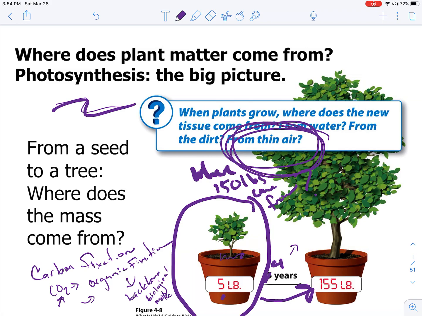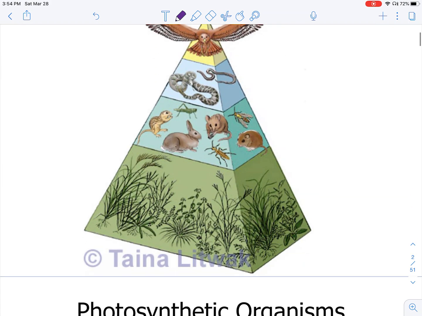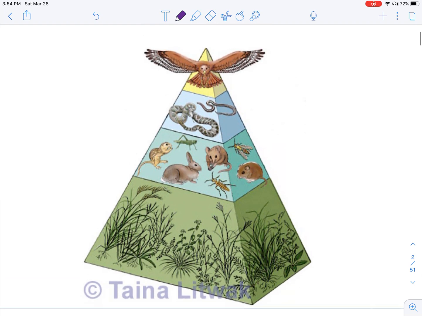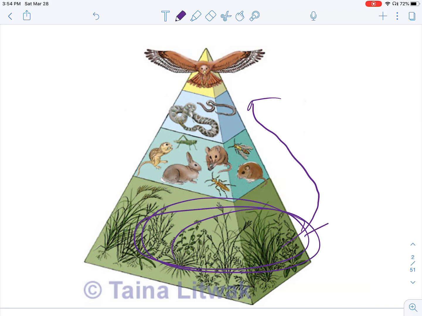I think I might have said this in the last lecture, but the primary producers who make this make enough chemical energy not only for themselves, but also for every living organism on the planet. And if we look at the flow of this food, we have what are called the primary producers.